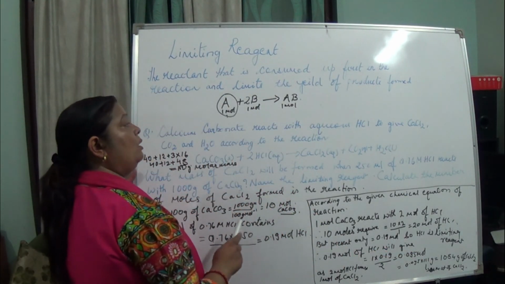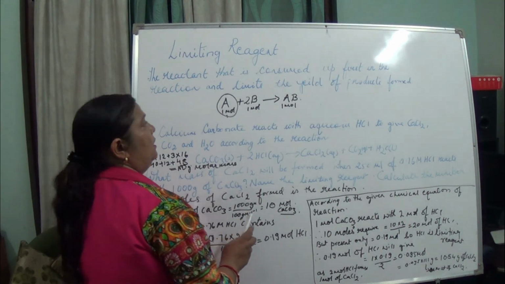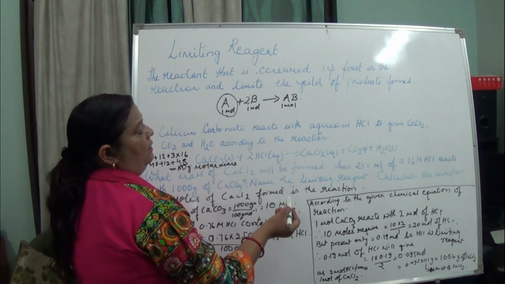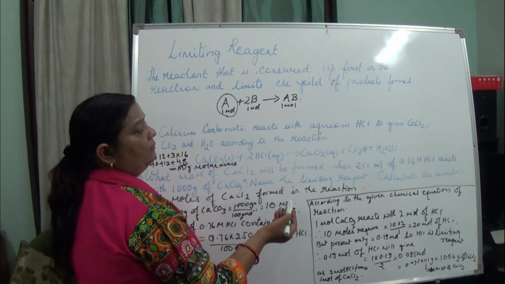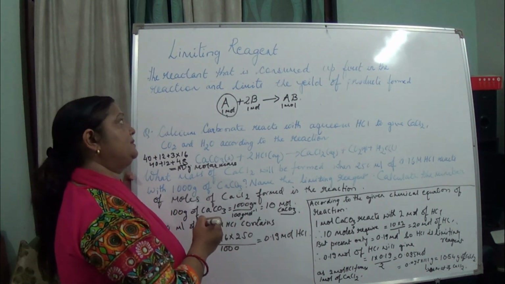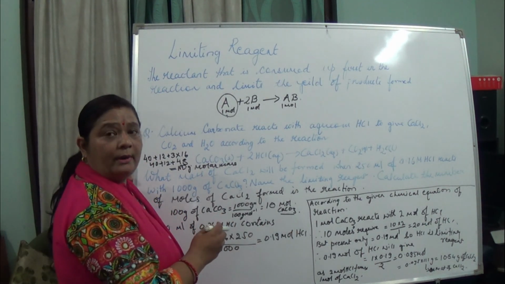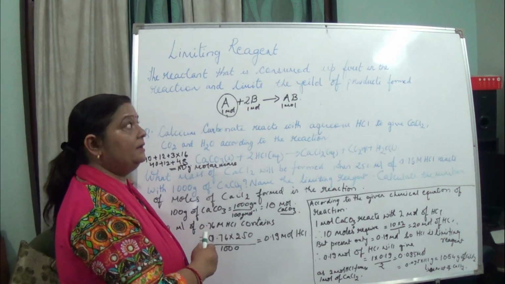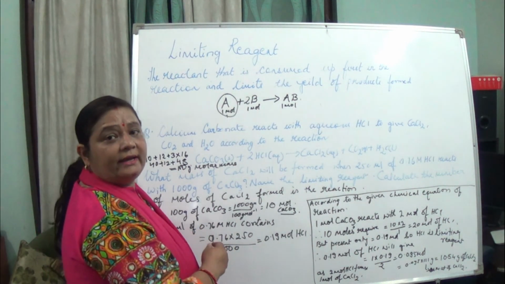This is how we take out the limiting reagent and the mass of the product asked. So this is all about stoichiometric calculation, limiting reagent. Good day, take care.